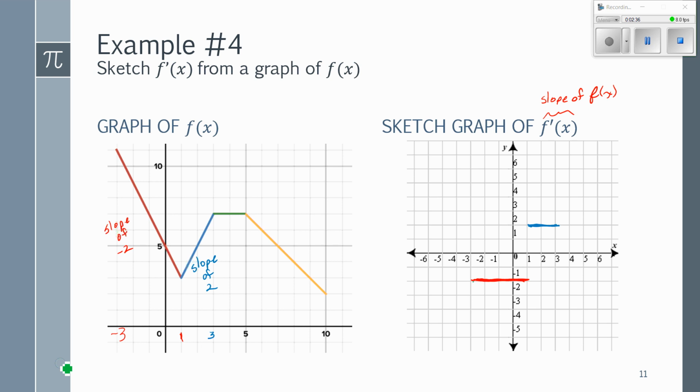Then from 3 to 5, I have a slope of 0. So from 3 to 5, a slope of 0. And then 5 off to 10, and I didn't pick a big enough coordinate plane for this, but here's where 10 would be. From 5 to 10, I have a slope of -1.